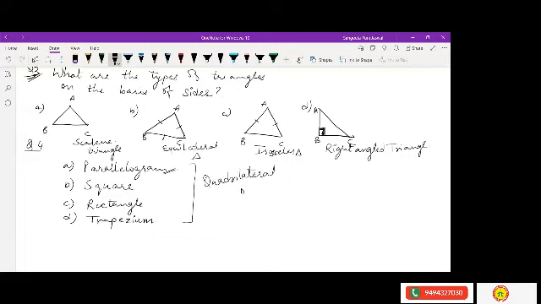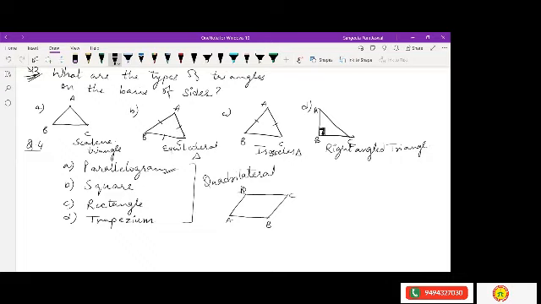I want to introduce you to a special kind of quadrilateral, that is parallelogram. Why do we call it a parallelogram? One by one I will discuss all. Parallelogram is this type of figure. I'm just making a rough sketch of this. If I write the names here, A, B, C, D, it's this type of figure.